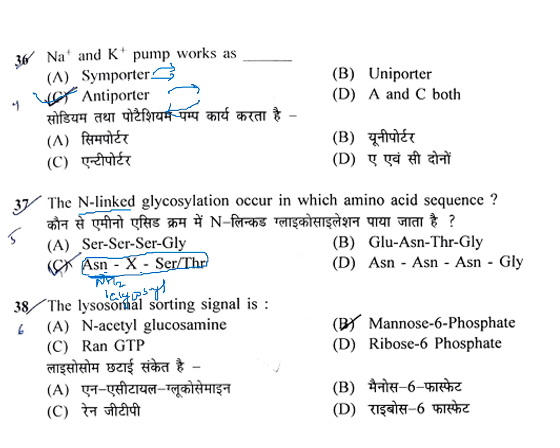Now the next question: the lysosomal sorting signal is N-acetyl glucosamine, mannose-6-phosphate, RAN-GTP, or ribose-6-phosphate. The right answer is mannose-6-phosphate. During protein synthesis and sorting to various organelles, when proteins are translocated from the Golgi body to different organelles, mannose-6-phosphate acts as a sorting signal for lysosomal enzymes.